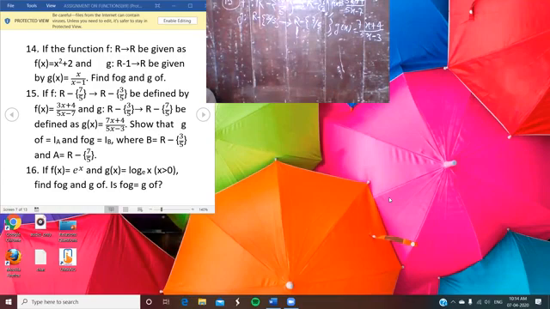So here, what is the meaning of IA and IB? Actually, IA and IB both are identity functions. It is given that B is equal to R minus 3/5. So what does it mean?